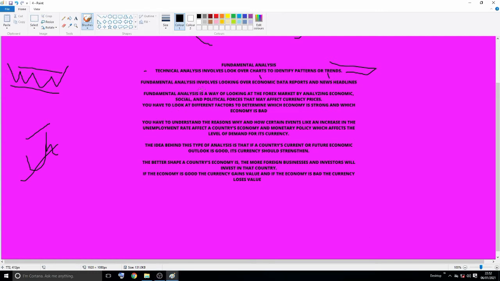Fundamental analysis is a way of looking at the forex market by analyzing economic, social and political forces that may affect the currency pair. So you are looking at the history, you are looking at the country, you are looking at the social, the economic and the political data, so that you can check if it is weak, if it is strong, will it push the price up, will it push the price below.